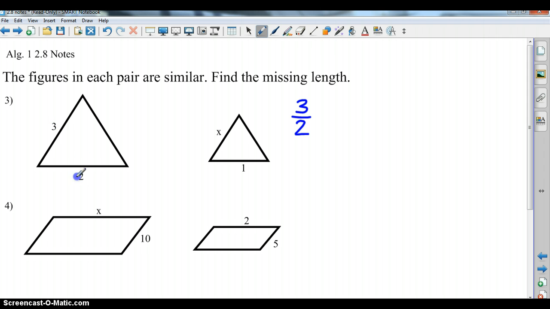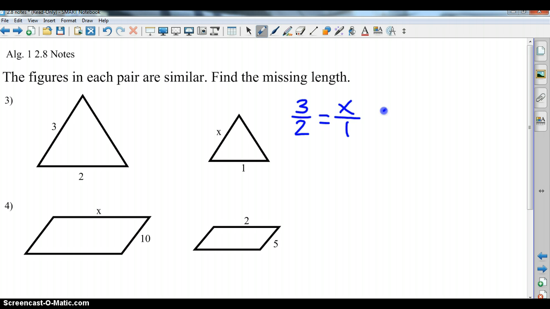So this side over this side is equal to, since we put this side first, whatever this one corresponds with is x. So we put x on the top and then put it over, this side corresponds with this side, which is 1. And then we're going to use the cross product property that we learned about yesterday.